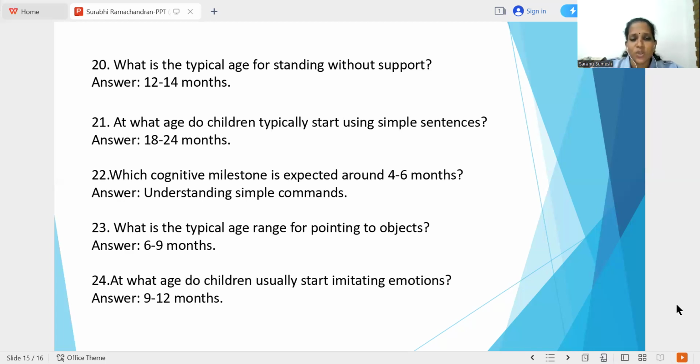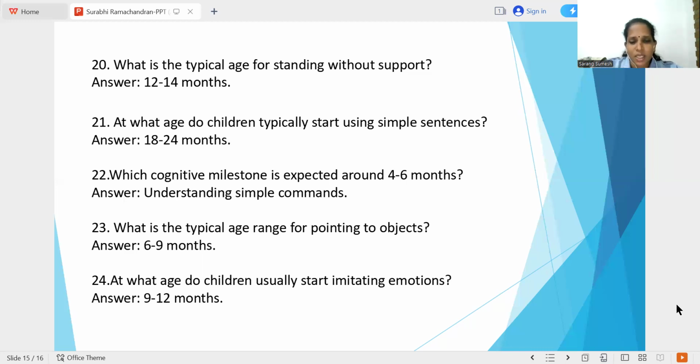Which cognitive milestone is expected around 4 to 6 months? Understanding simple commands. If the child is taking a ball or anything and you tell them not to touch, the child will not touch. The child can make out symbols and understand simple sentences and commands.